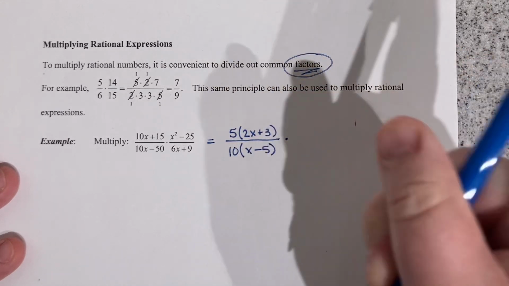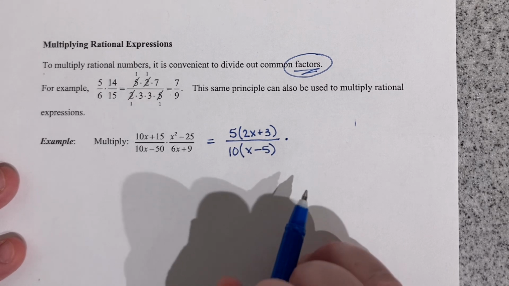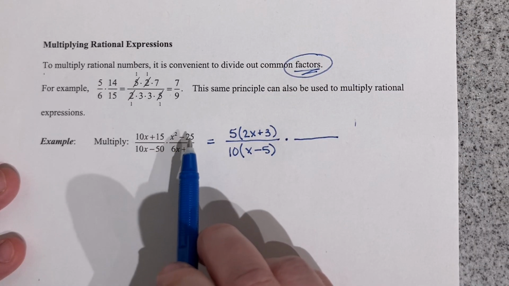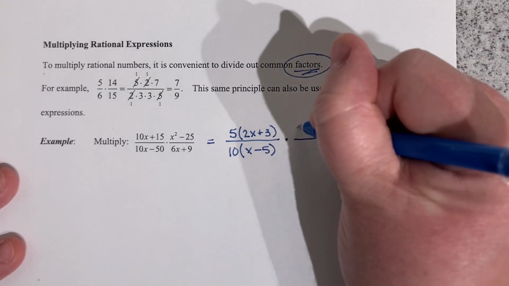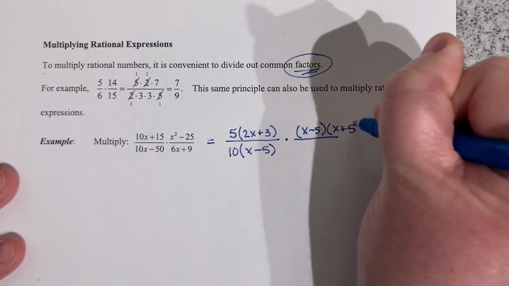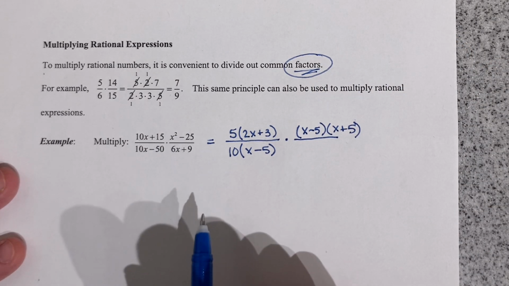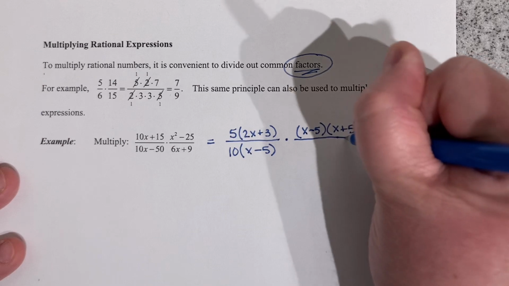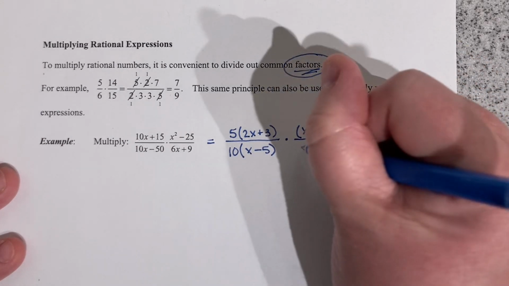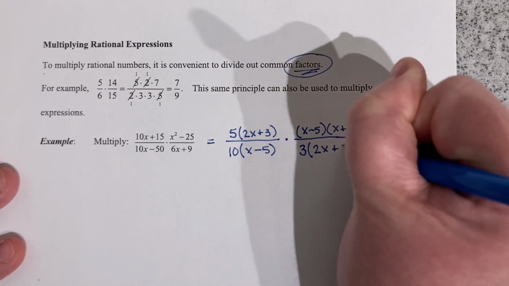And again, multiply out if we're not sure. The numerator of the second fraction is a difference of 2 squares. So that's x minus 5 times x plus 5. Because it's 2 terms with a square, there's no GCF. The denominator of the second fraction has a greatest common factor of 3, and then what's left is 2x plus 3.